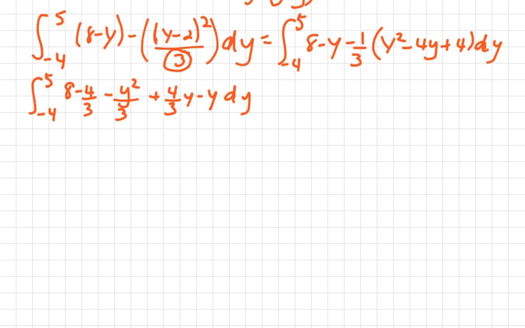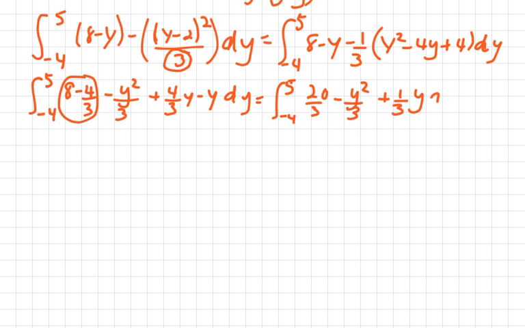So I'm going to collect those terms, and this is where your algebra needs to be extremely clean, and you're working with fractions as well. So this is 20/3. All I did was find a common denominator here and combine them. So this is 20/3 minus y squared over 3, and then I combine the y terms, which is 1/3 y dy.